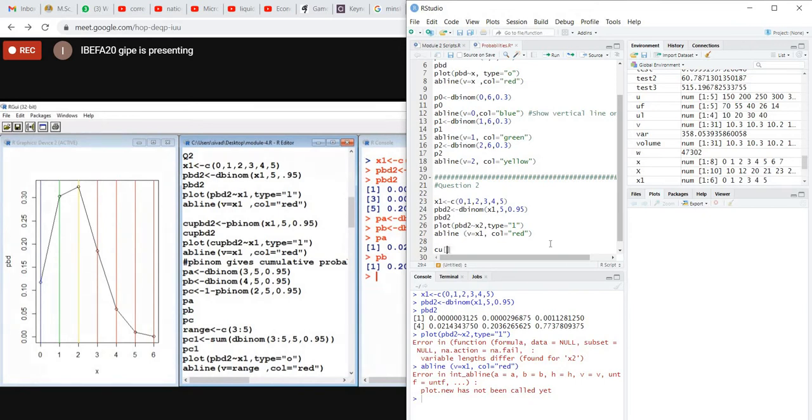But the last question will be a cumulative probability, because we want 3, 4, 5 and add.